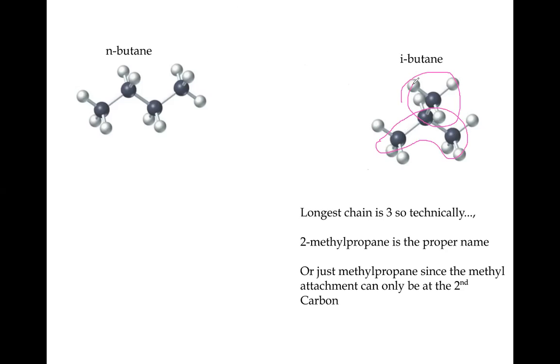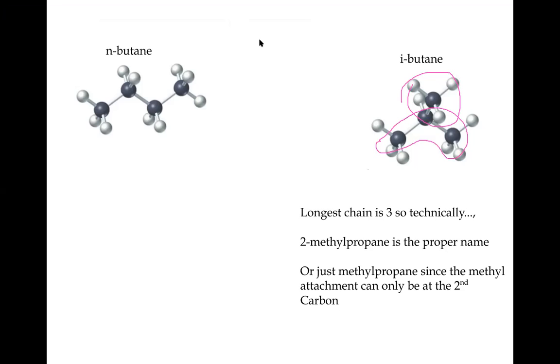So we would actually name that 2-methylpropane because yes, it has 4 carbons, but the longest chain is made up of 3 carbons. And because that second carbon has a methyl group coming off of it, it's 2-methylpropane.